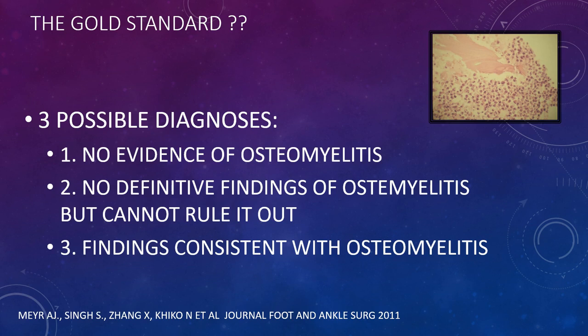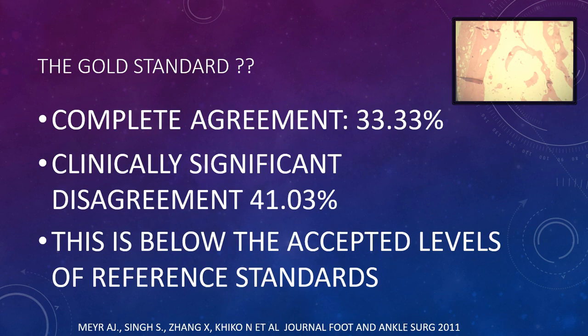They could either say there is definitely no osteomyelitis, they could say that there's no definitive findings of osteomyelitis, but it could not be ruled out, or the findings were consistent with osteomyelitis.